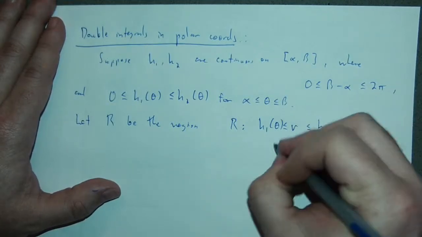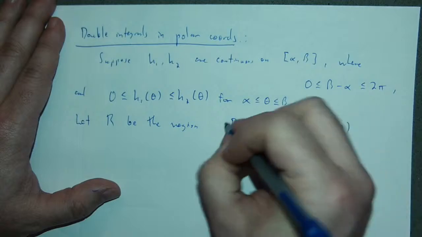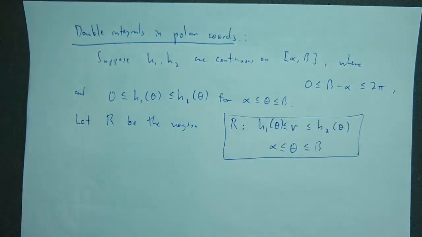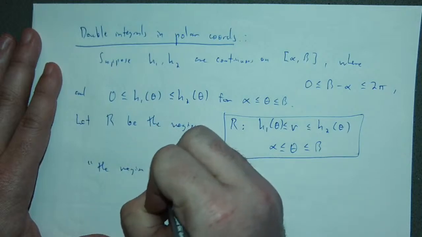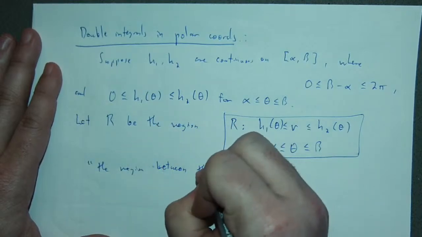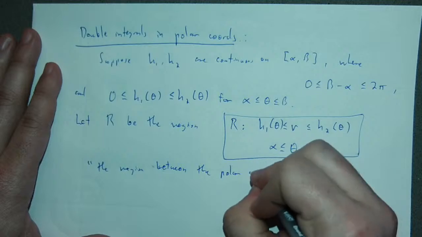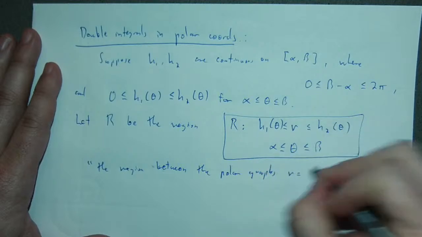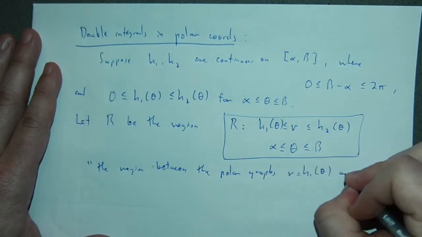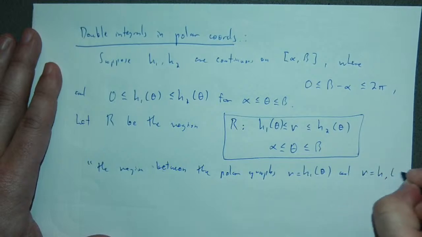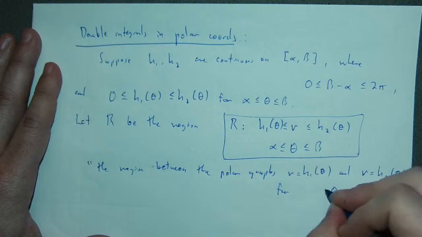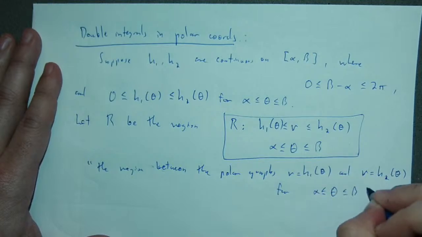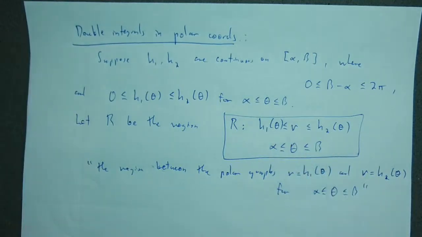And theta is between alpha and beta. So written out in words, this is the region between the polar graphs r equals h sub 1 of theta and r equals h sub 2 of theta for theta between alpha and beta. So this is a long-winded way of saying it. What I've boxed is the shortcut way of saying it.